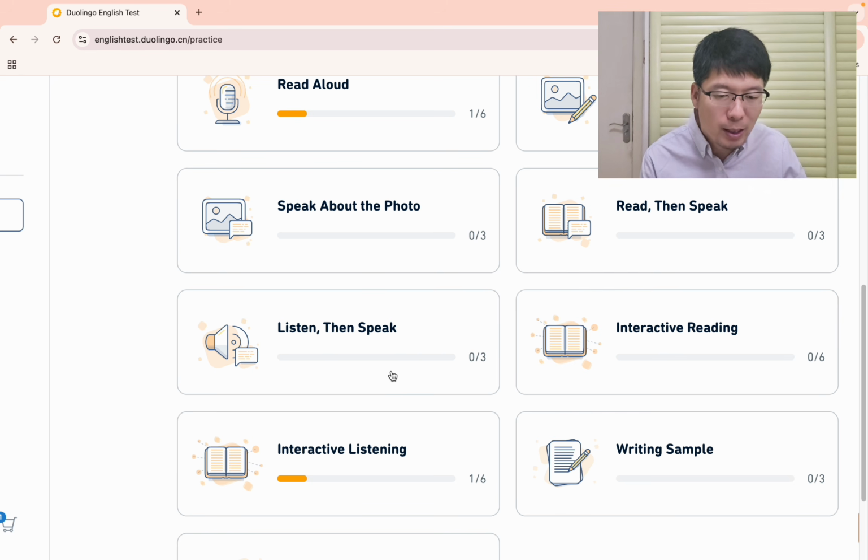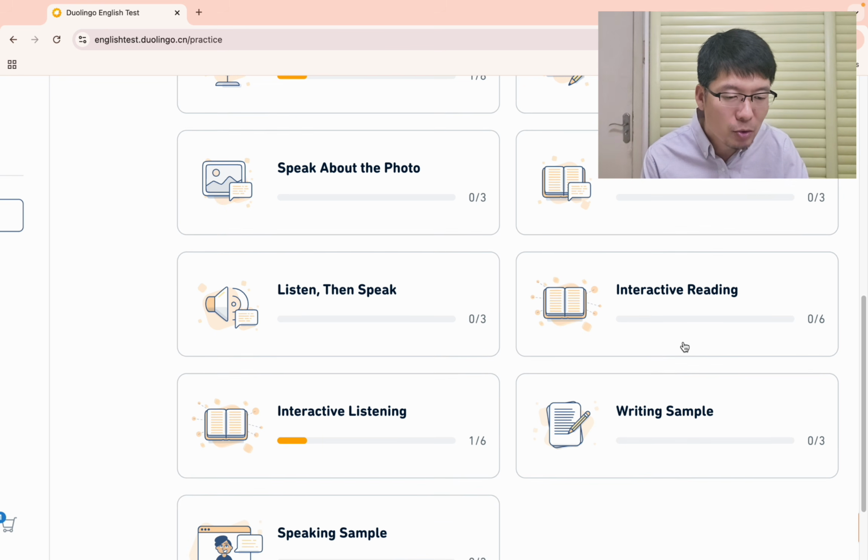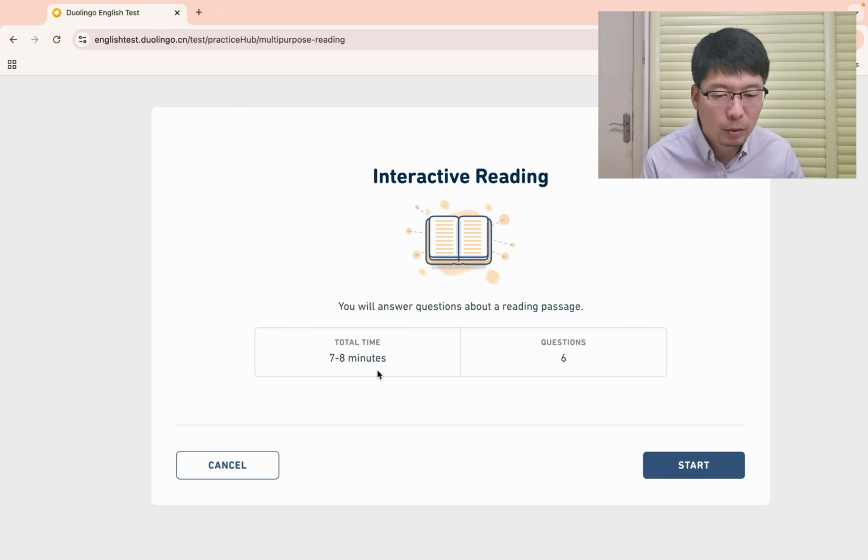So it is almost the same, so let's just skip this type. Okay, so next one is interactive reading. This section is relatively long. You will be given 7 to 8 minutes to answer questions about a reading passage, and you will see 6 question types. Okay, let's get started.